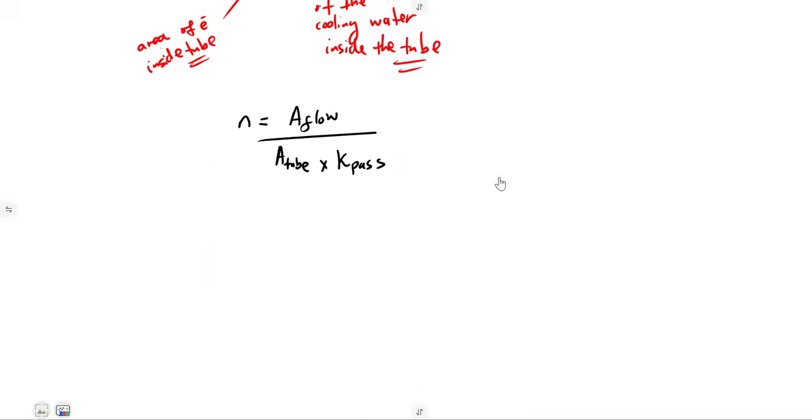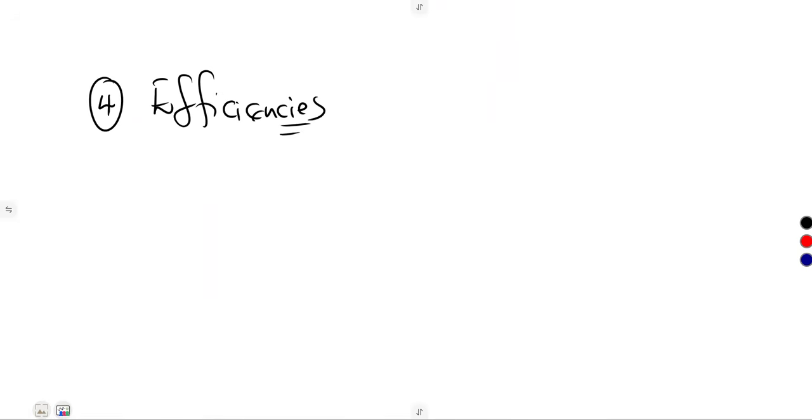All right, number 4, it is going to be on the efficiencies. So number 4, we're going to deal with the efficiencies, in which we are going to have the first part, the efficiency of the condenser. So there is the condenser efficiency.